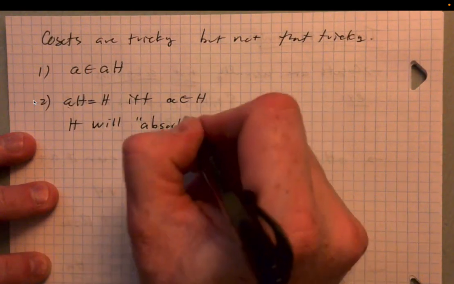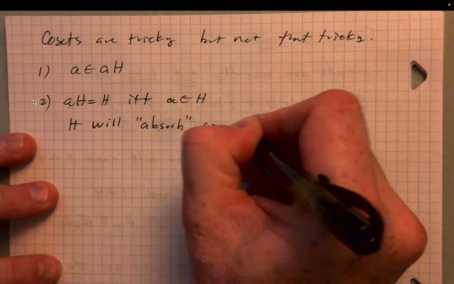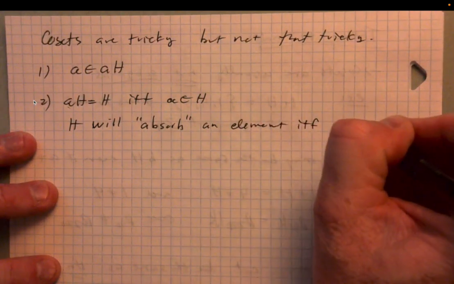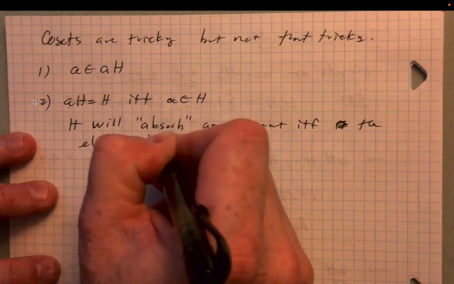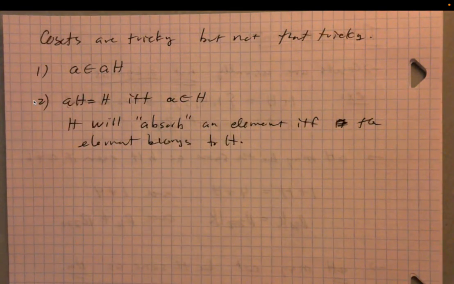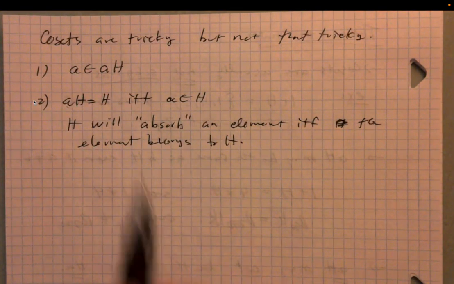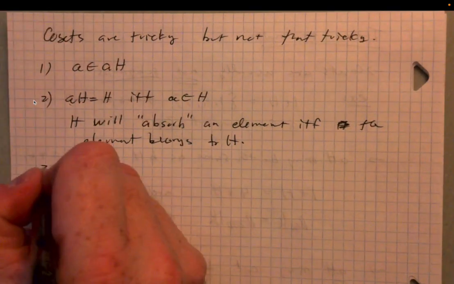AH equals H. H will absorb an element if and only if the element belongs to H. Right, if you take an element from outside of H, then H will not absorb it, and the set will change, and you won't have AH equals H. And that's the idea behind that one.